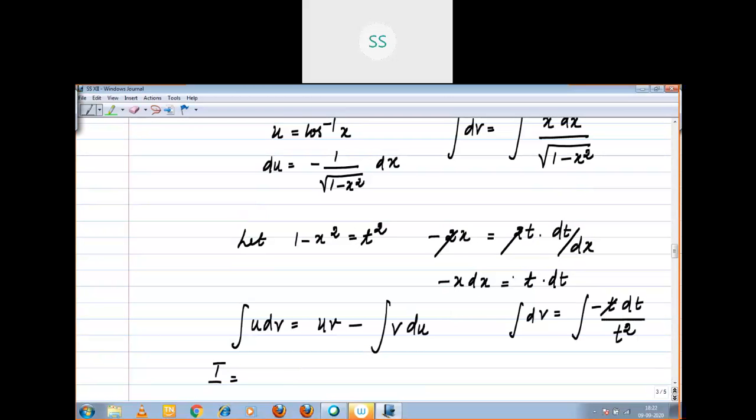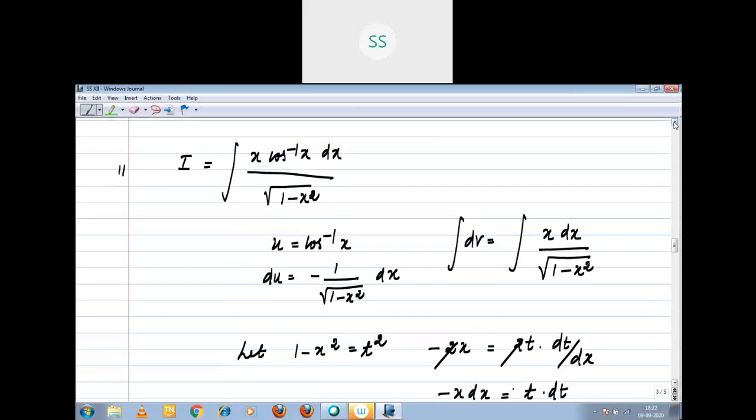Now t cancel. Integral dv equal to integral x dx divided by root of 1 minus x square.